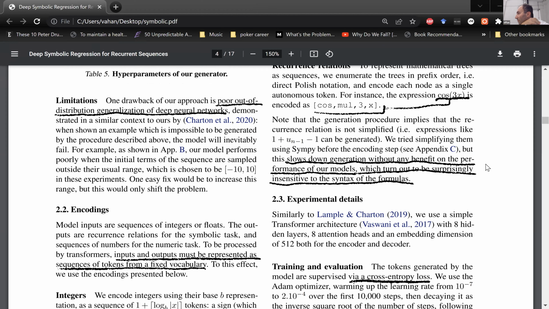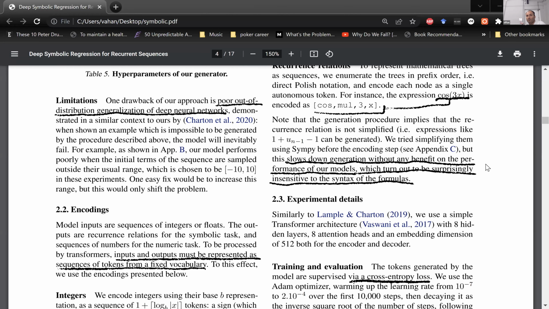A key component is during training how they construct the ends and how they separate from the next, like a separator. Input is just a list of numbers, and output would be just a list of tokens, which is the Polish notation for the formula it's supposed to be.